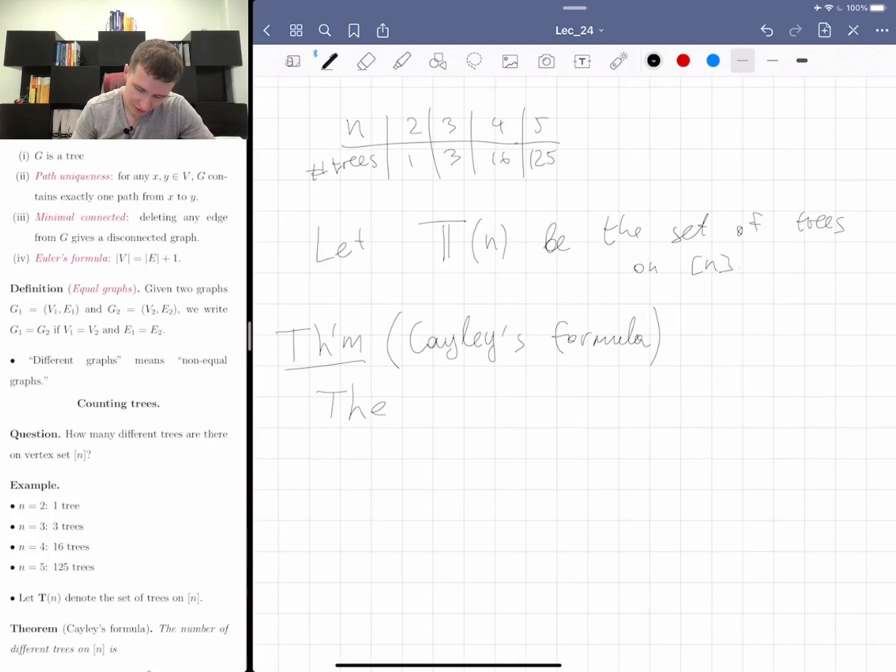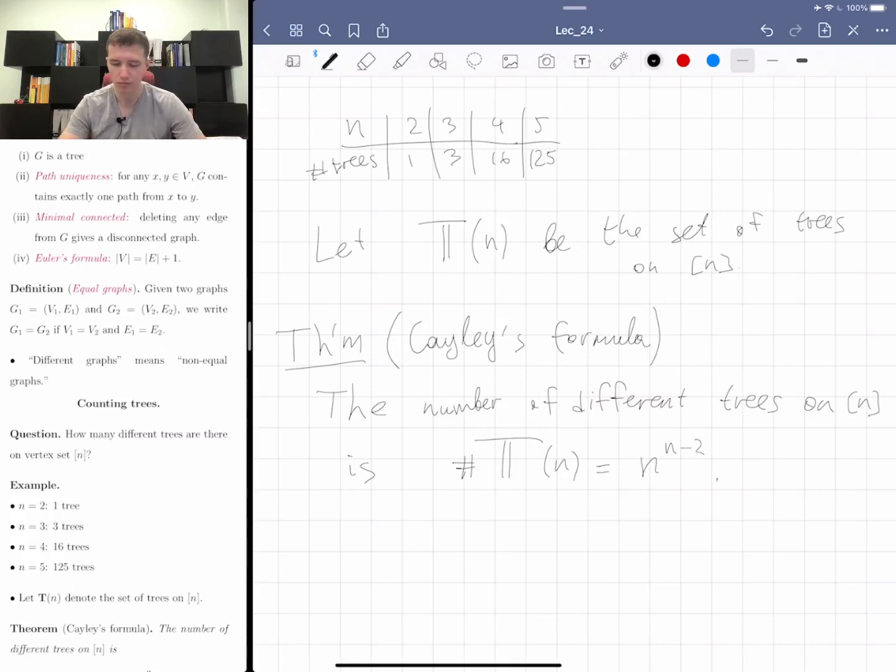The number of different trees on bracket n, the size of this fat T of n, is equal to n to the n minus 2. So 125 is 5 cubed, 16 is 4 squared, 3 is 3 to the first, and 1 is 2 to the 0.